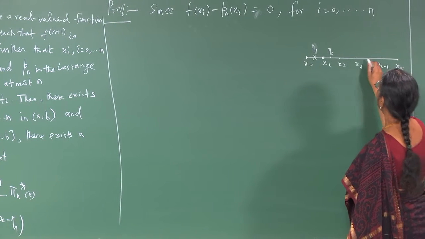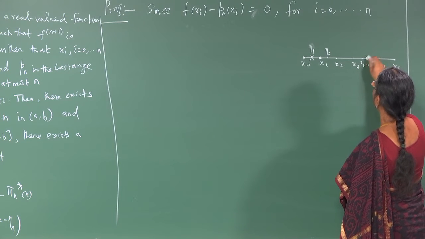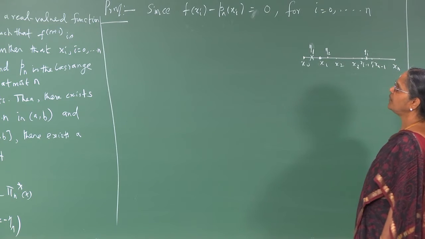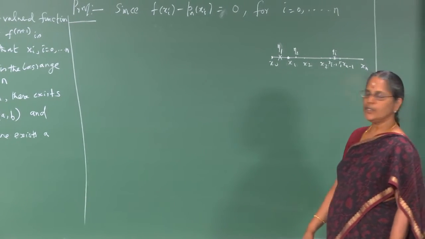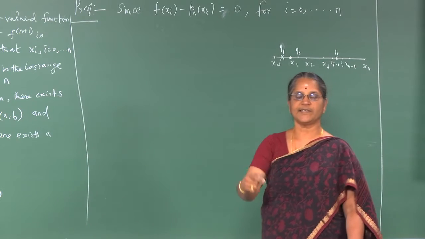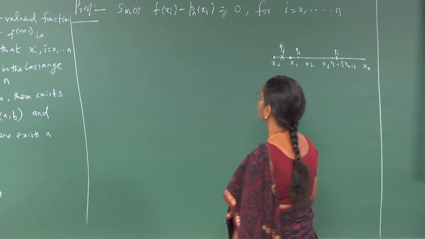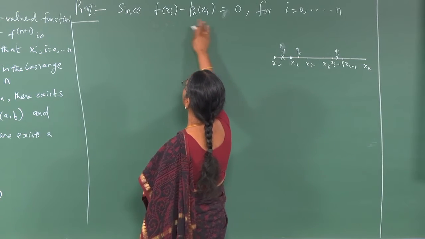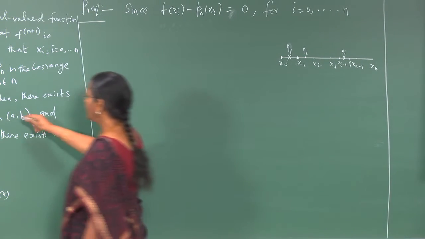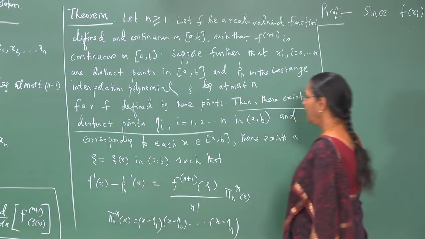So, in general, in the interval x i minus 1 to x i, there will be a point eta i at which f dashed eta i minus p n dashed of eta i is 0. In each of these intervals, you will be able to find points eta 1, eta 2, eta 3 etc. eta n such that f dashed of eta i minus p n dashed of eta i will be 0. So, that immediately shows this result that there exist distinct points eta i in a b.